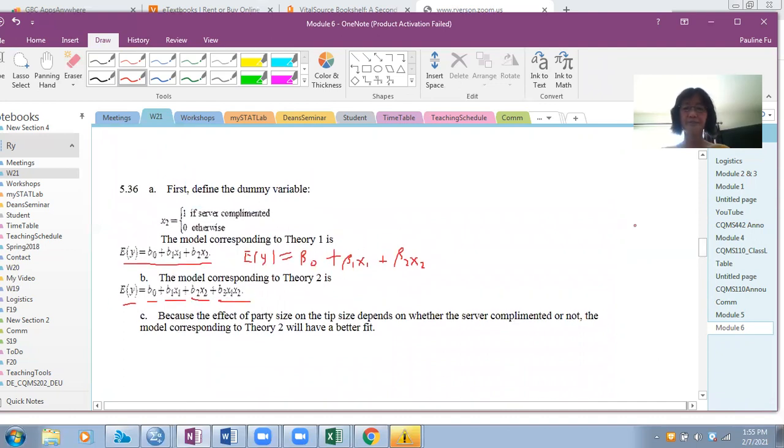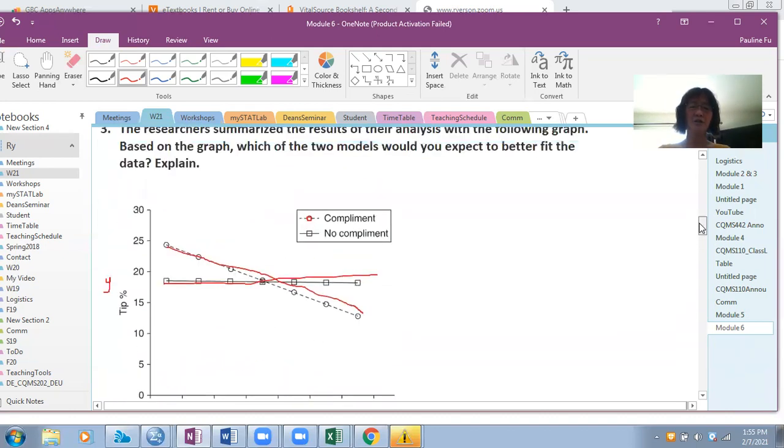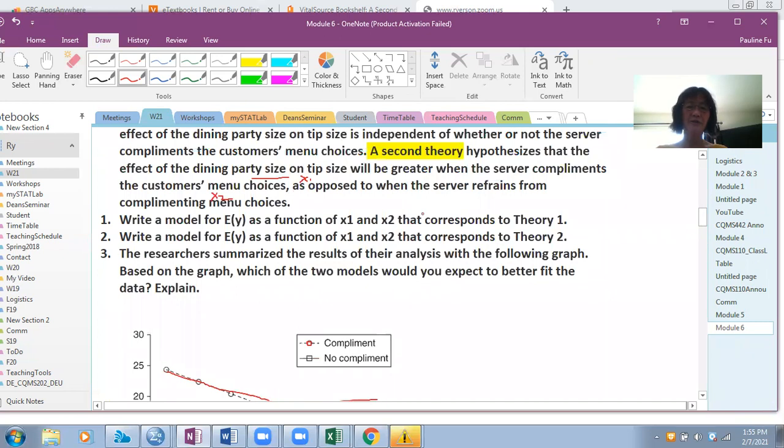Okay. So this example involved both a quantitative variable and a qualitative variable. X1 is a quantitative variable, party size.